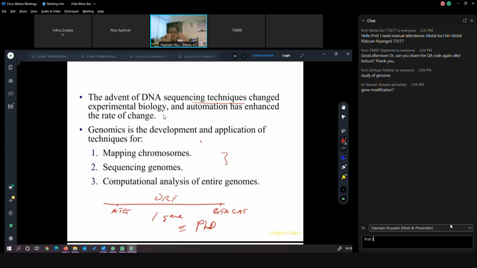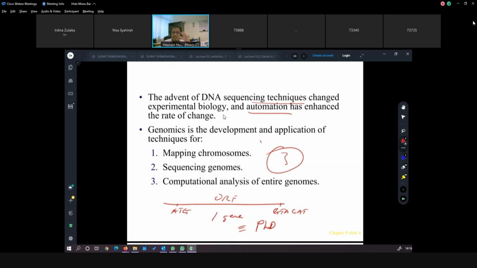And then in the 90s, automation started and sequencing became quite fast. So in my case, three genes was more or less sufficient, maybe three to five, for example. But nowadays, usually people study the entire genome in certain areas. Of course, I'm talking about the genomic or molecular biology area.